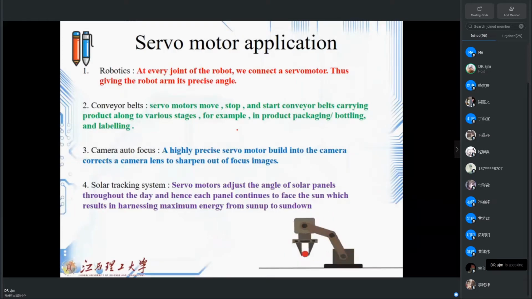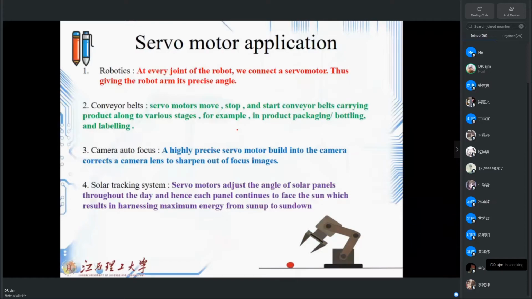We can see them in camera autofocus, which is highly precise servo motor built into the camera and corrects a camera lens to sharpen out or focus images. And some application we have in solar tracking system, where the servo motors adjust the angle of solar panels through the day, and hence each panel continues to face the sun, which result in maximum energy of sun up and sun down.